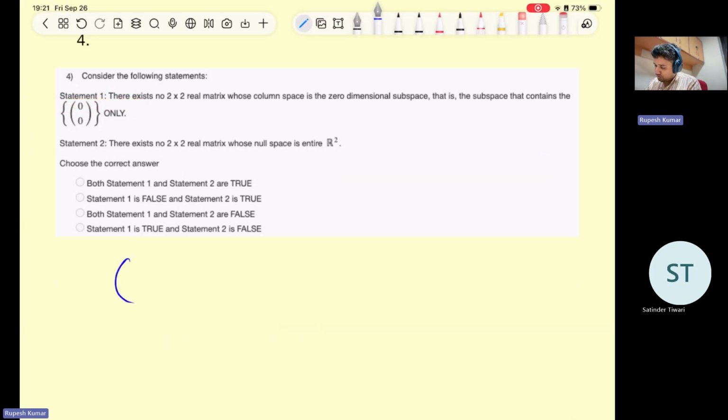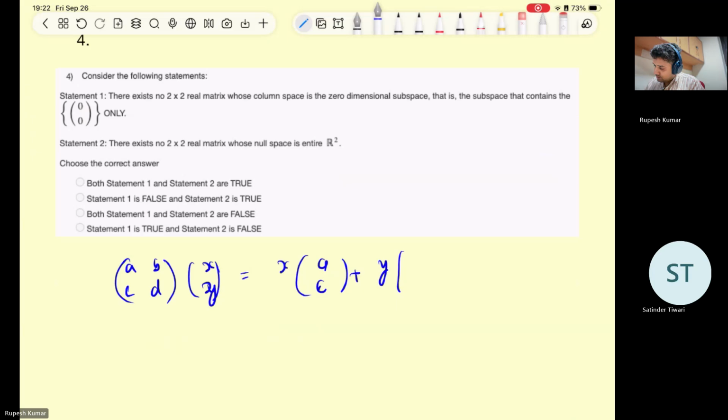It says there is no 2 by 2 real matrix, basically a matrix with real scalar entries, whose column space is the zero-dimensional subspace {(0, 0)}. Let's say you have a matrix with rows a, b and c, d, and some vector (x, y). The column space will be x times (a, c) plus y times (b, d). So this spans the column space.